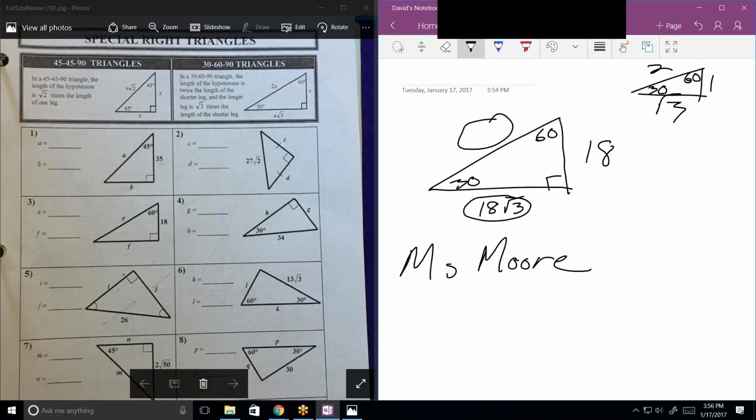What's this side? 36. Yeah. And again, you did not have to use the Pythagorean theorem, as all you had to use was your knowledge of a 30-60 triangle. All 30-60 triangles have these exact ratios.